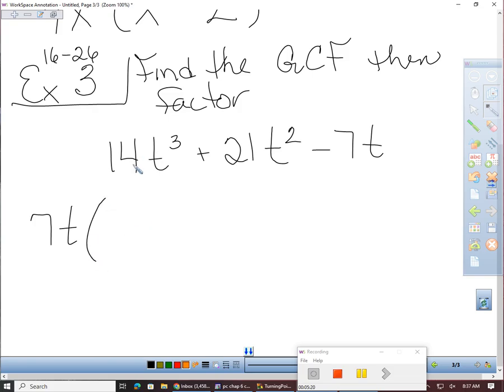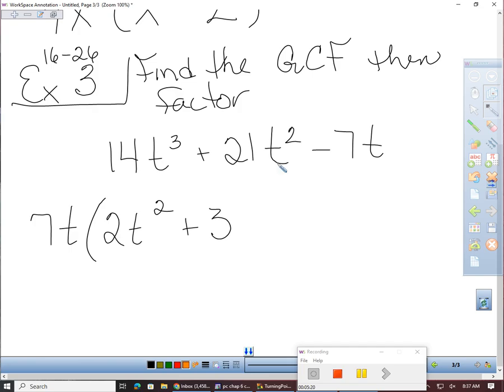All right. So if I take a 7 out of 14, I'm left with 2. If I take a t out of t to the third, I'm left with t to the second, plus, if I take a 7 out of 21, I get a 3.